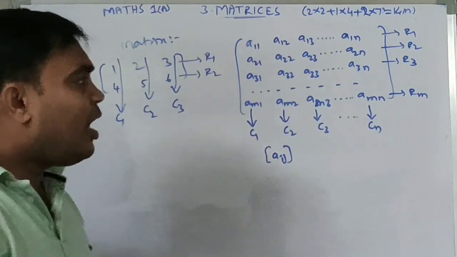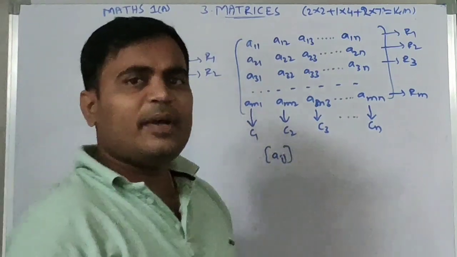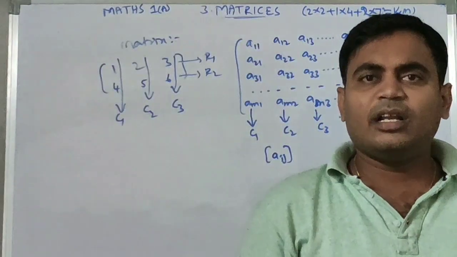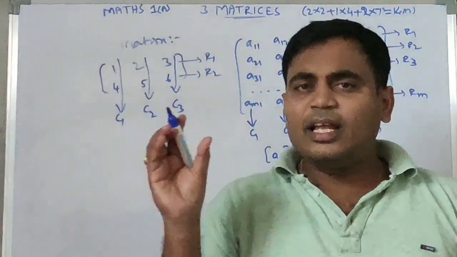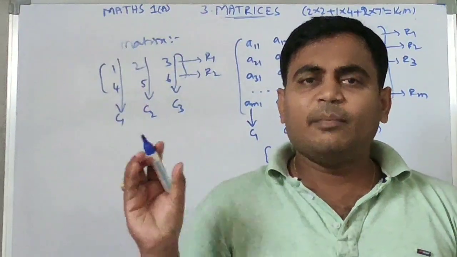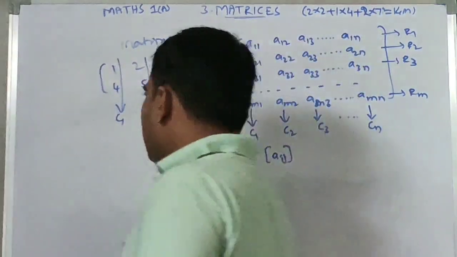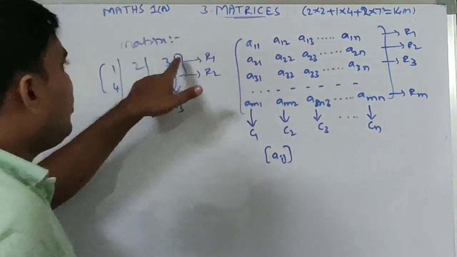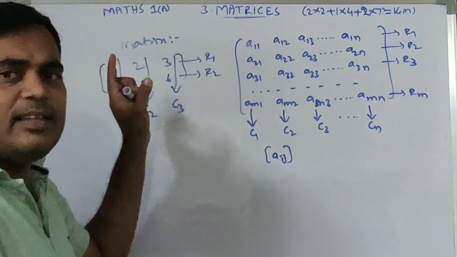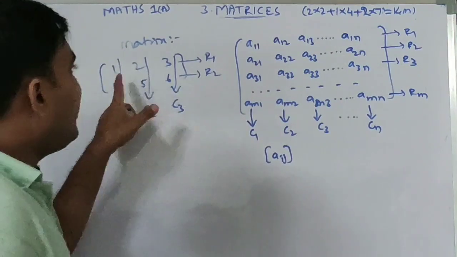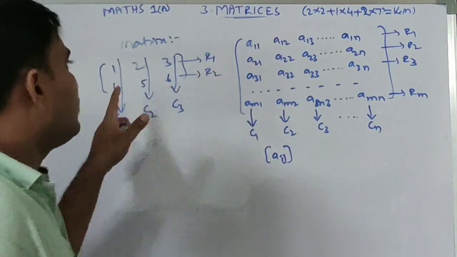First, the order of a matrix. The order of a matrix is the number of rows by the number of columns. If we take this matrix 1, 2, 3, 4, 5, 6, how many rows? 2 rows. How many columns?